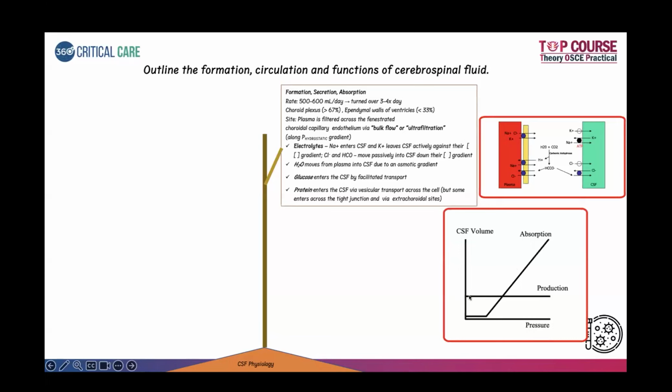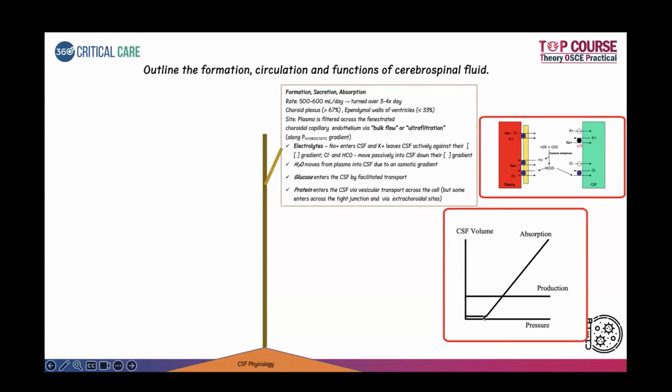The production remains the same throughout the ICP. If the pressure increases, the production is still the same, and over most of the range of the intracranial pressure, the production remains the same. But as you go higher on the intracranial pressure, initially within a physiological range, the absorption is balancing the production.